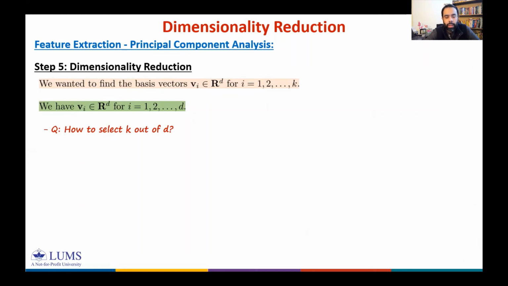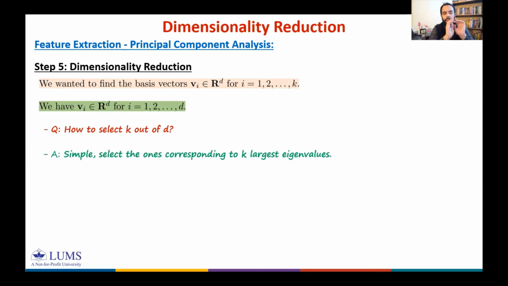We recall the objective. We want to select the components along which we have the maximum variation. The principal components define the directions, and the variation is explained by the eigenvalues. So we select the ones that have the K largest eigenvalues.